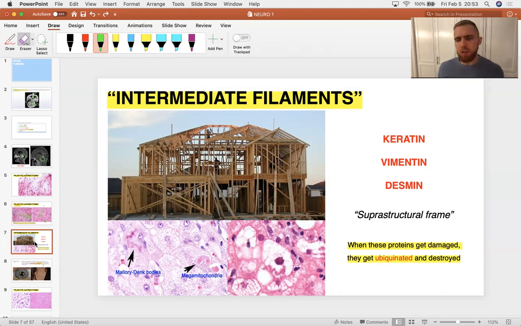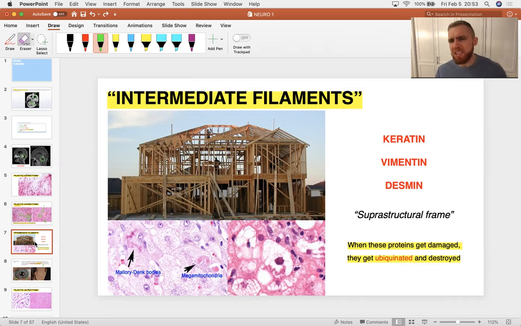And so whenever there's a lot of oxidative damage inside of a cell, its frame is going to start falling apart. And so the vimentin, the desmin, the intermediate filaments inside the cell, they start accruing damage and just clumping together as they get damaged. So normally your cell's going to ubiquitinate these proteins and send them to the proteasome, which is basically the wood chipper for all cytoskeletal components.